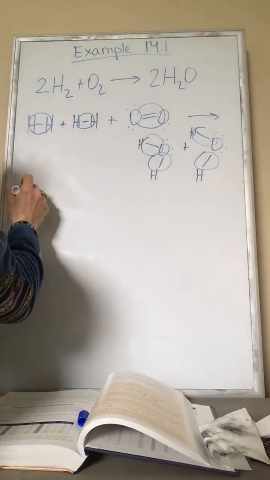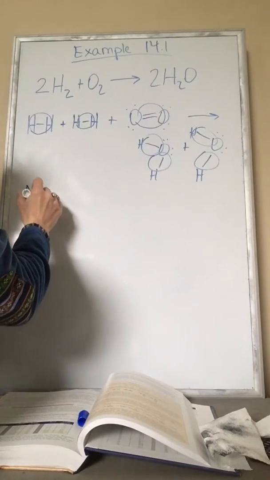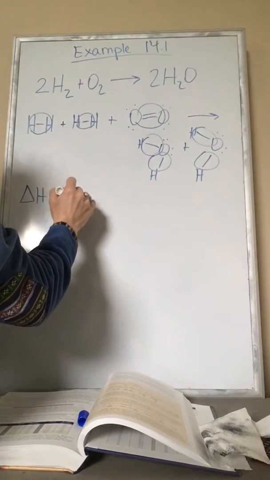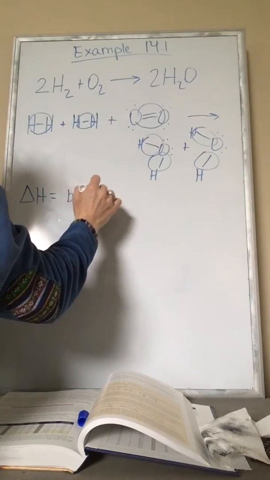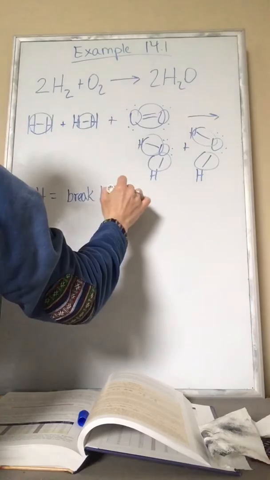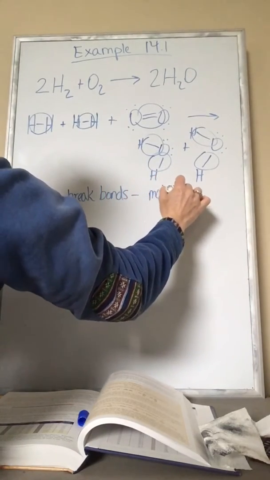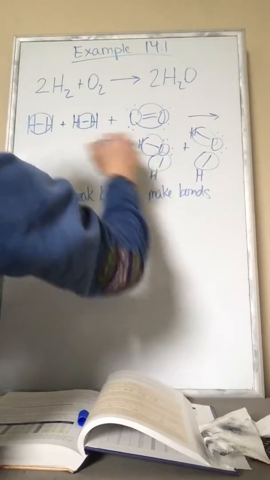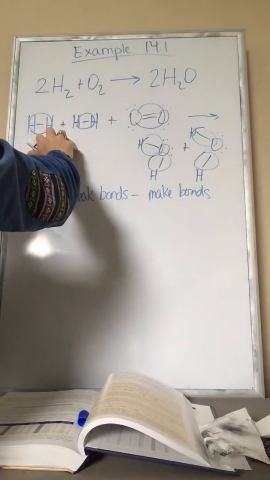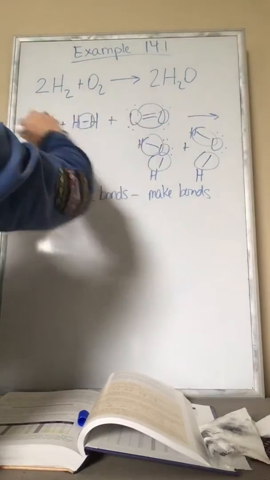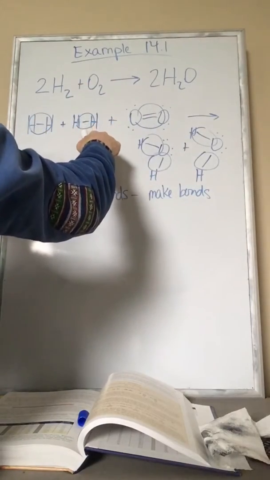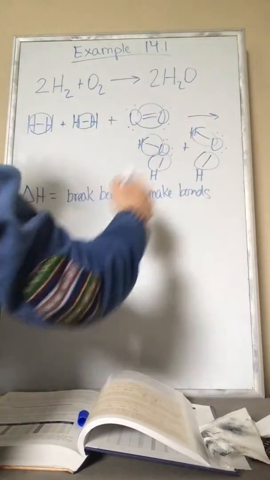So if you remember, our delta H is our energy for breaking bonds minus our energy for making bonds. We're going to take our bond energies here, which we're breaking, and add all of these up for all of the breaking bonds, and then we subtract all of the making bonds.